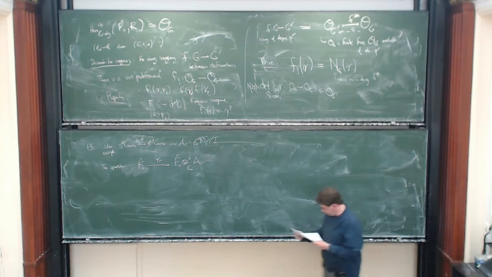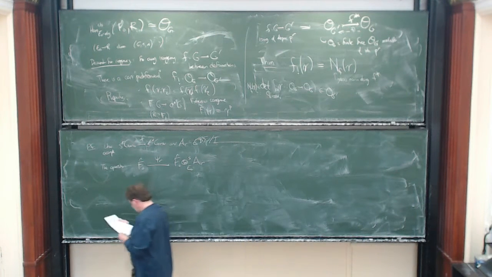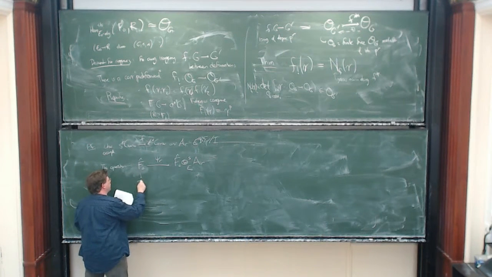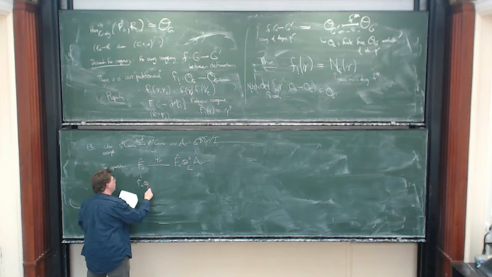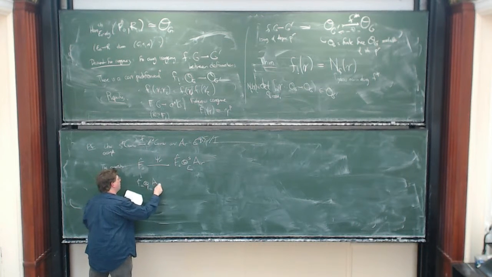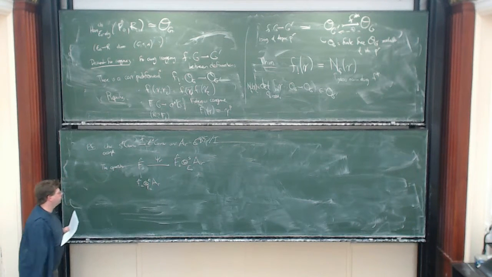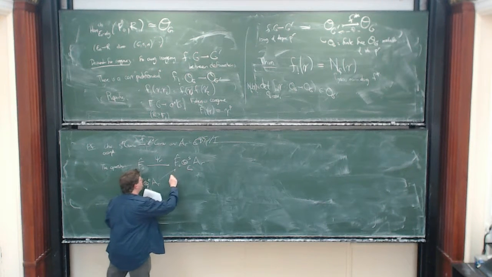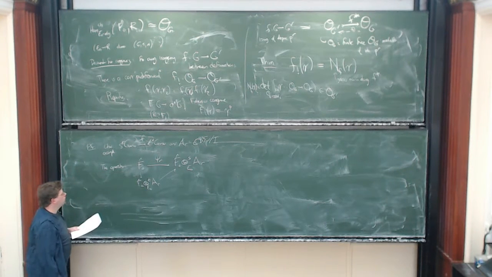Actually, let's think about this differently. This extends up to a map from the tensor product of F0 hat with AR, but along T. This function is the one associated to this.